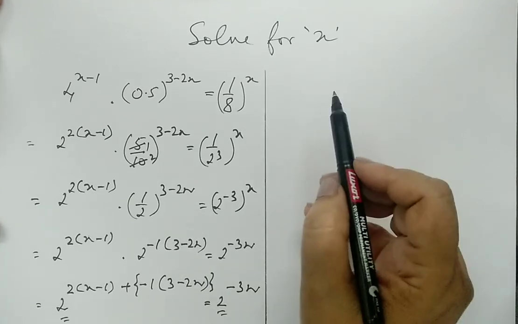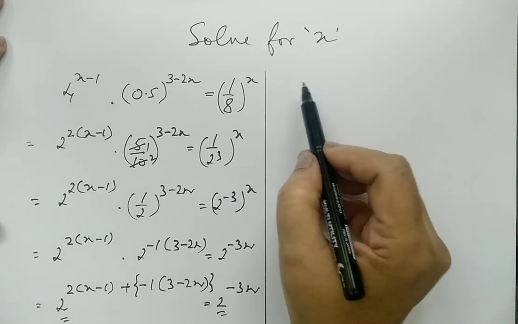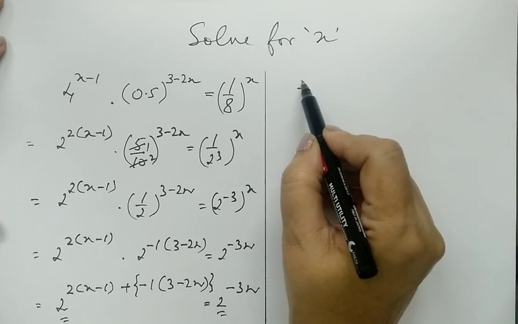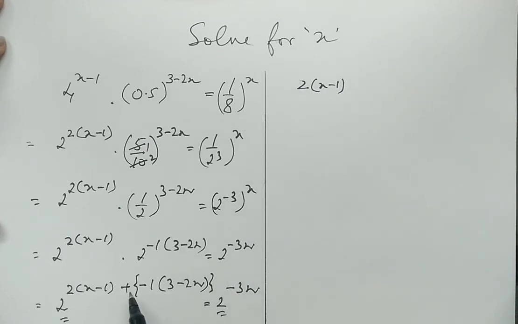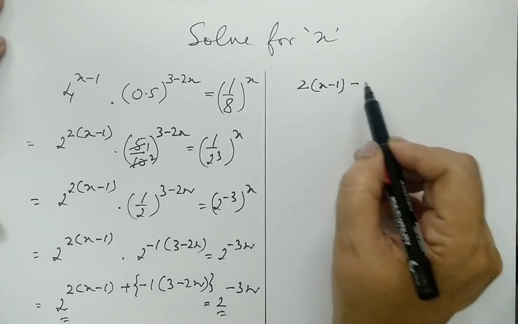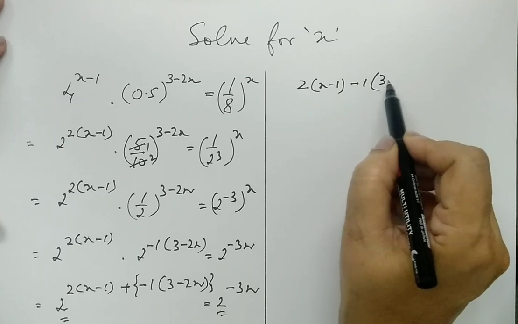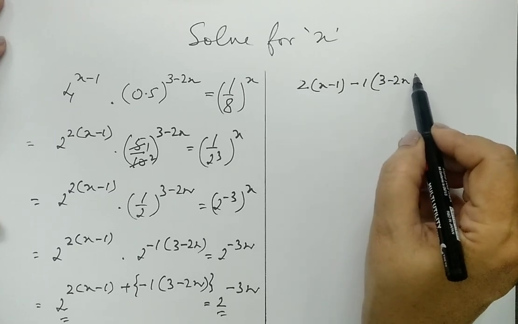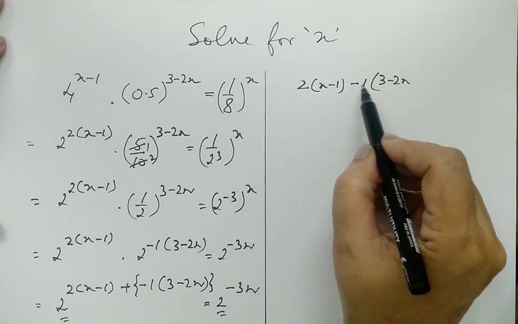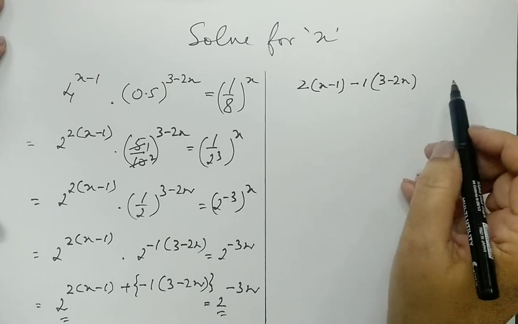So let's write down 2x minus 1 here, plus minus minus 1, 3 minus 2x, but this is minus minus, so we'll do it in the next step.